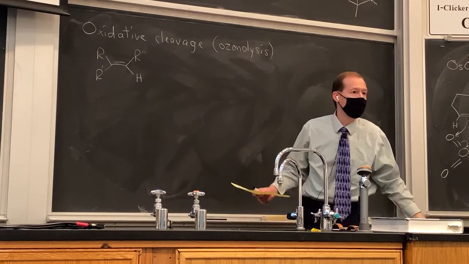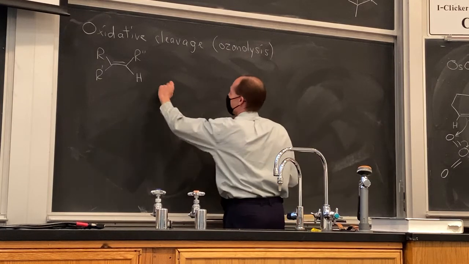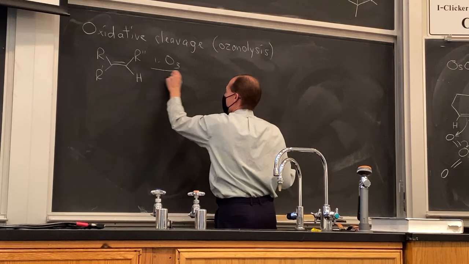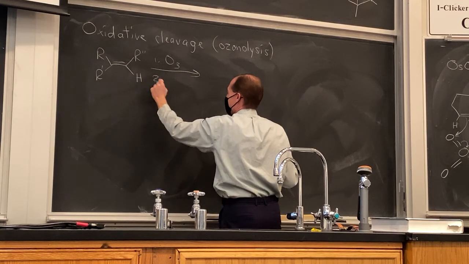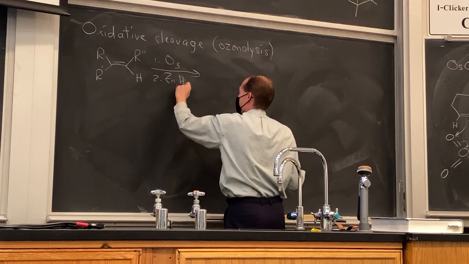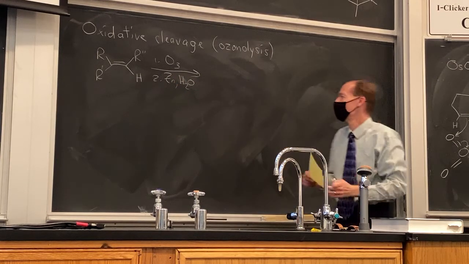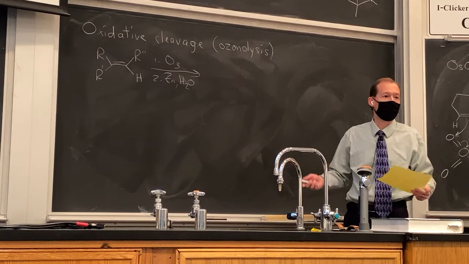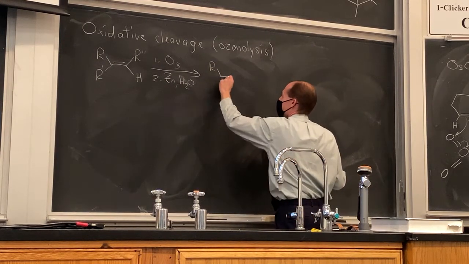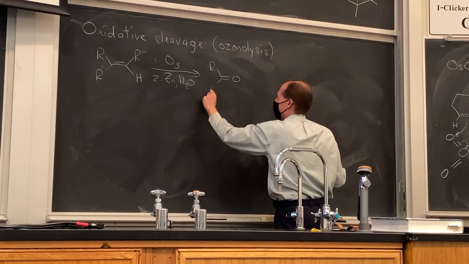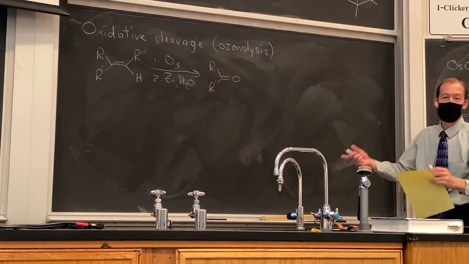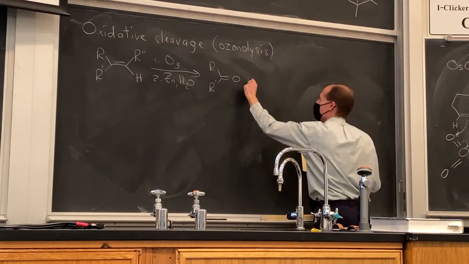So here's an example. I'm just showing you a tri-substituted alkene. And we're going to use ozone. As you'll find, we have a second step in this reaction. There's a couple different reagents we can use, but zinc and water is one of the combinations. And when we do this, we can obtain a ketone. The left half of the molecule turns into a ketone in this particular case.